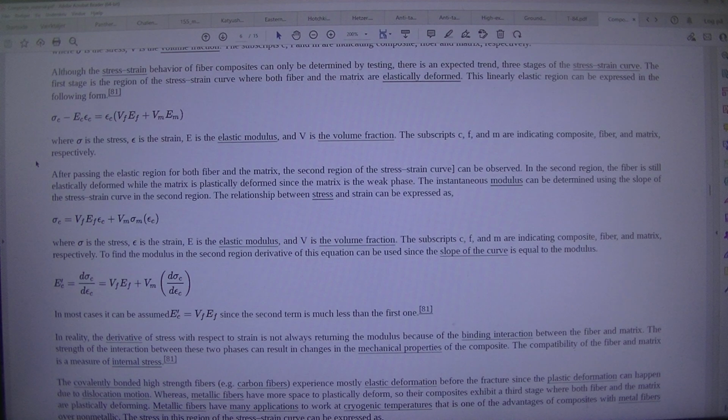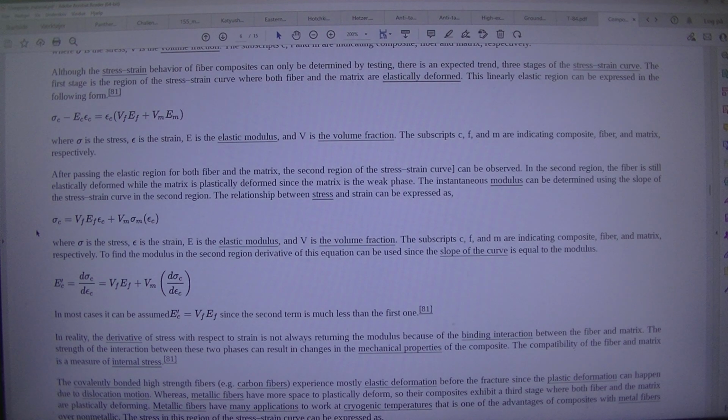After passing the elastic region for both fiber and the matrix, the second region of the stress-strain curve can be observed. In the second region, the fiber is still elastically deformed while the matrix is plastically deformed since the matrix is the weak phase. The instantaneous modulus can be determined using the slope of the stress-strain curve in the second region.